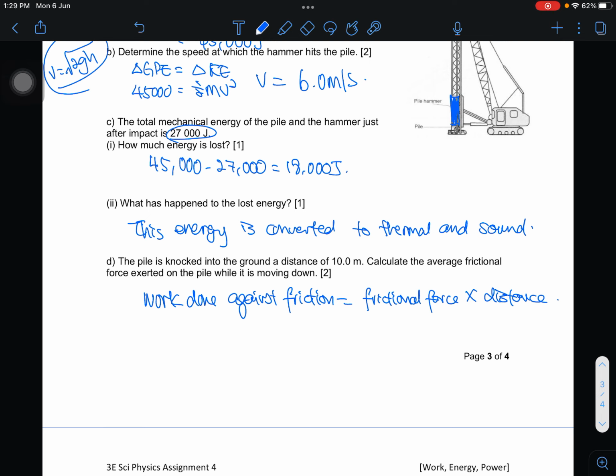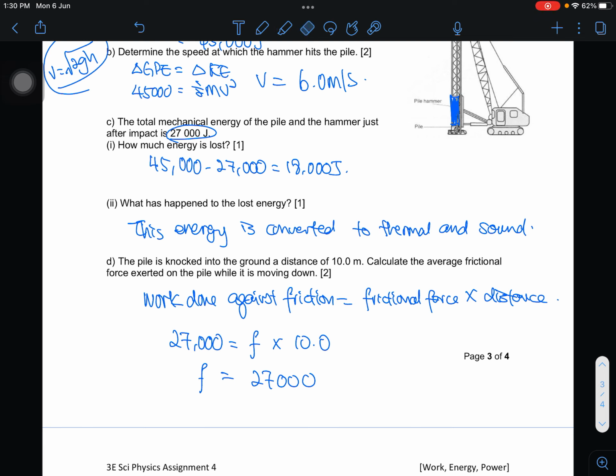It must be the 27,000 joules, because this is the amount of energy that the pile hammer has. As it exerts into the ground, it is constantly going against friction and it travels 10 meters. So 27,000 joules equals frictional force multiplied by 10 meters. So what's the frictional force exerted on the pile? We just divide 27,000 by 10.